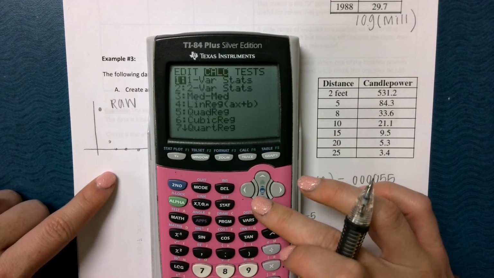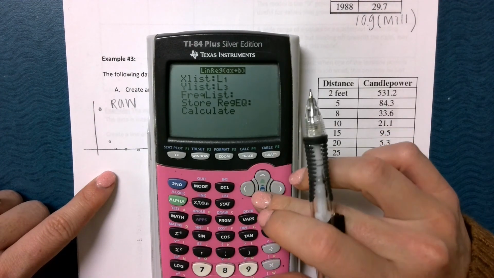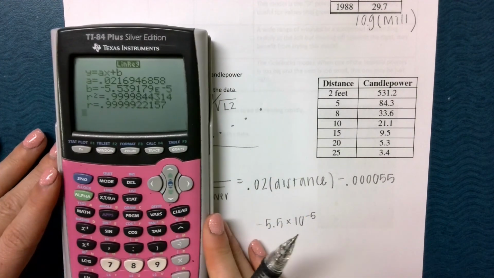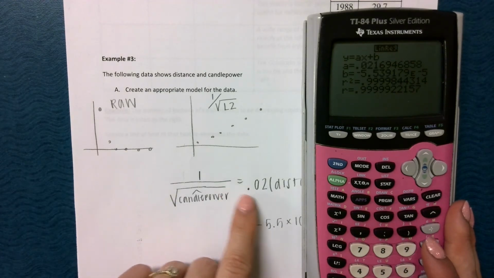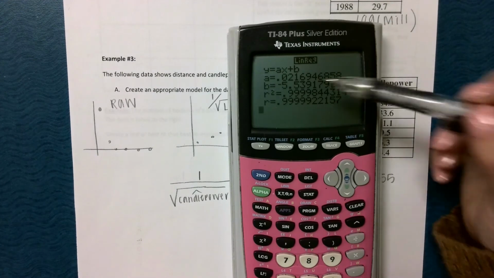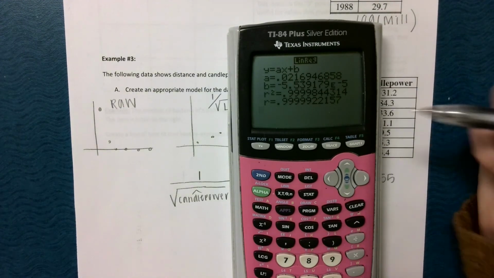Doing our stat calculate linear regression, pulling data from L1 and L3. Okay, when you go to write this line here, make sure that you are showing what re-expression you used. Your slope is pretty easy to identify, but watch out on this y-intercept. It gives you negative 5.5, but then there's this e to the negative fifth.